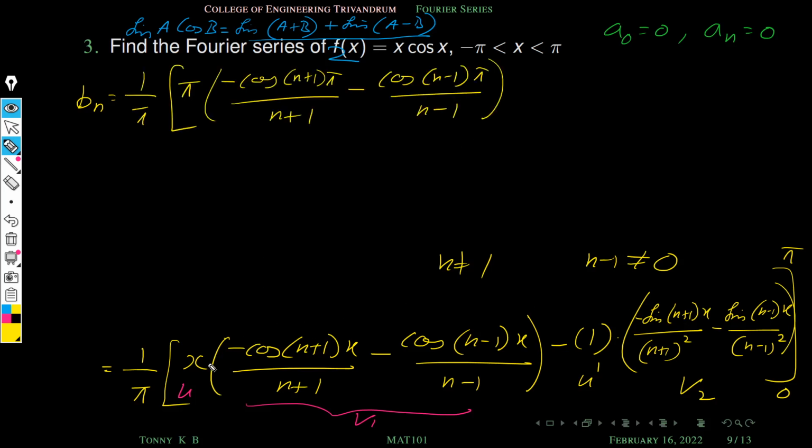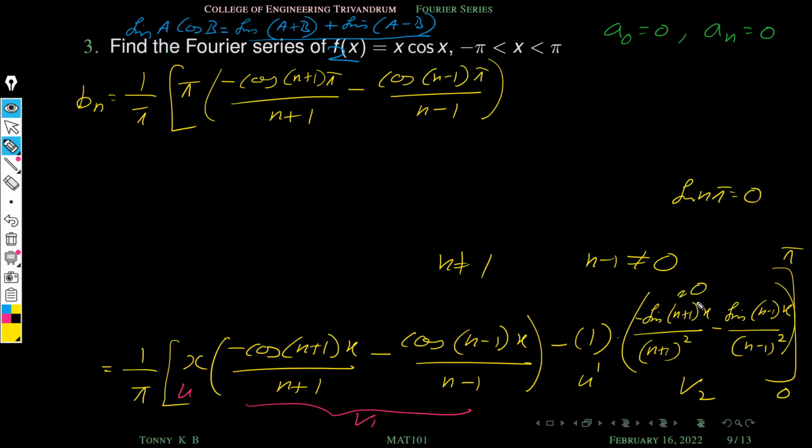When x equal to pi, this becomes pi into minus cos((n plus 1) pi) by (n plus 1) minus cos((n minus 1) pi) by (n minus 1). And what about this term? Here n is an integer, so n plus 1 is also an integer. So this is almost like sin n pi, the only difference is this is sin((n plus 1) pi). Anyway, sine of an integer times pi is 0.